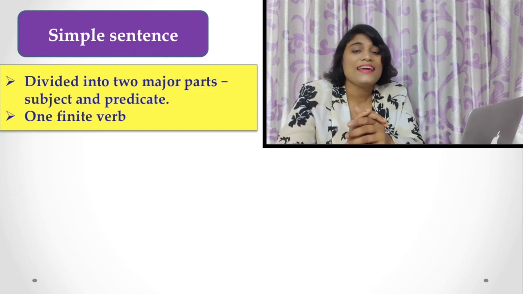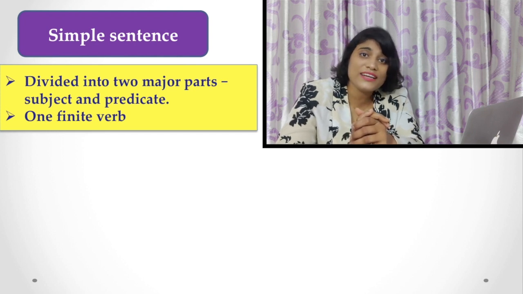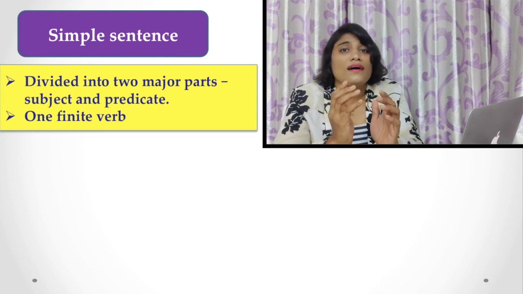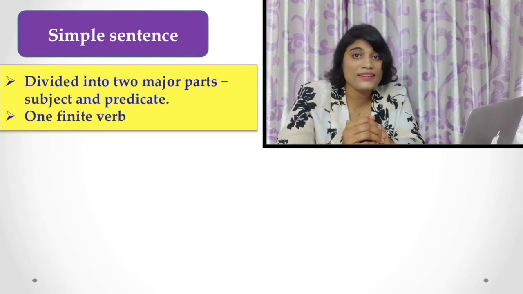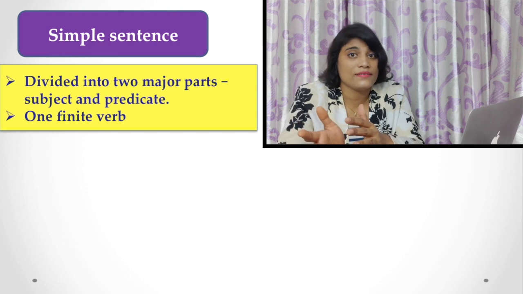Along with that, there is only one finite verb, that is the verb which can change according to the subject and tense. For example, if I say I go there, but I also mention while I am talking about he, he goes there.